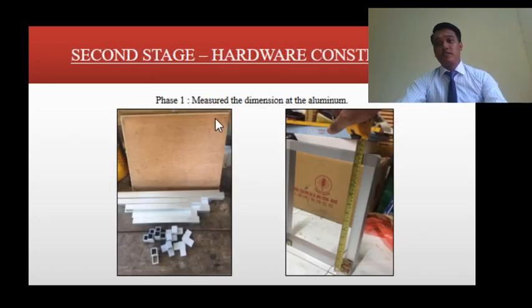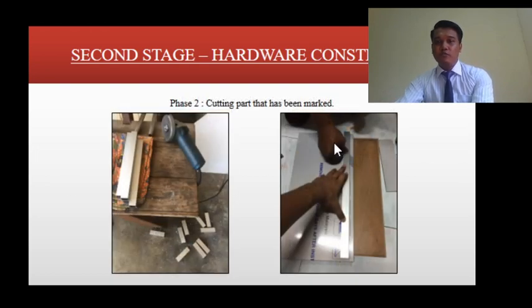And then for the second stage, hardware construction. In phase 1, measure the dimensions of the aluminium using a measuring tape and so on. In phase 2, cut the parts that have been marked and measured.